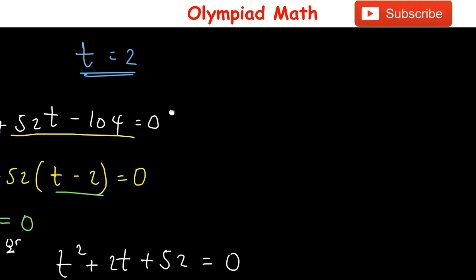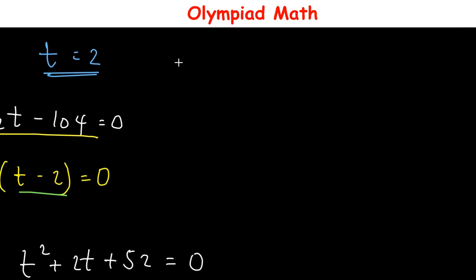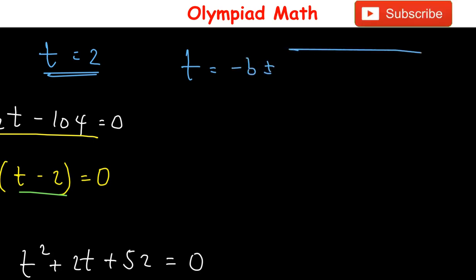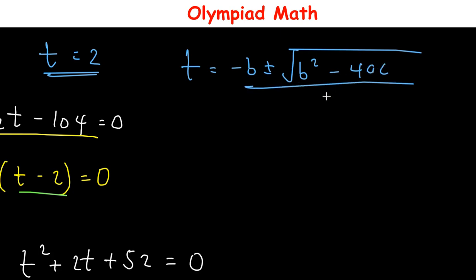So the formula is given by t equals minus b plus or minus square root b squared minus 4ac all over 2a. In this case, the value of a is the coefficient of t squared, 1. The value of b is the coefficient of t, plus 2.